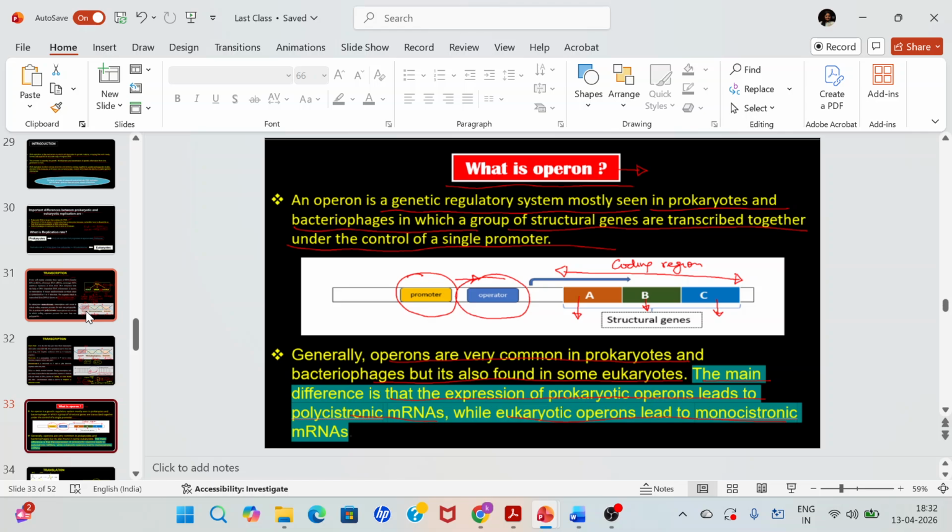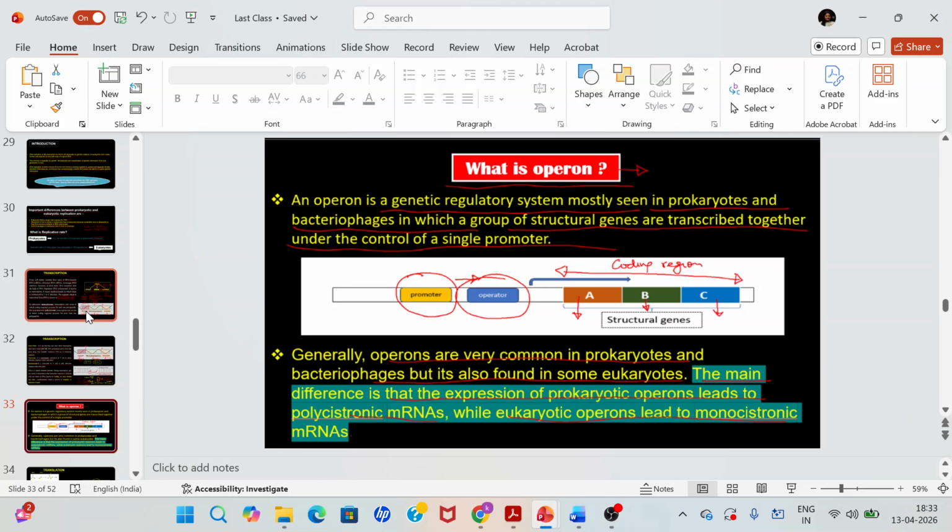Next, we learned about operons. What are operons? How do they work? An operon is a genetic regulatory system mostly seen in prokaryotes and bacteriophages, in which a group of structural genes are transcribed together under the control of a single promoter. So the promoter here in operons is a single promoter.